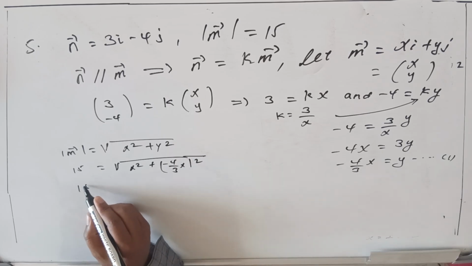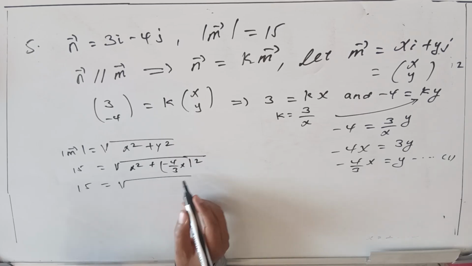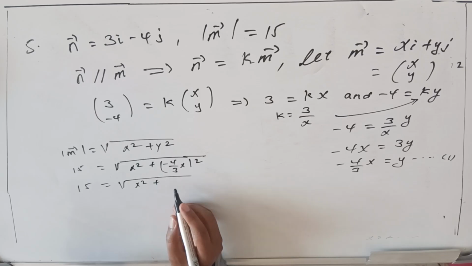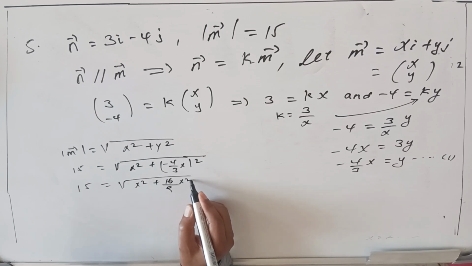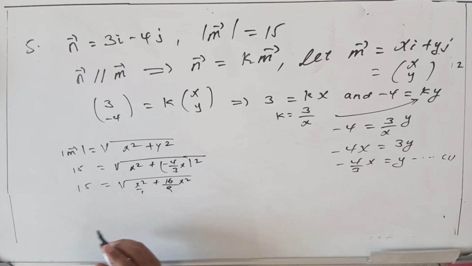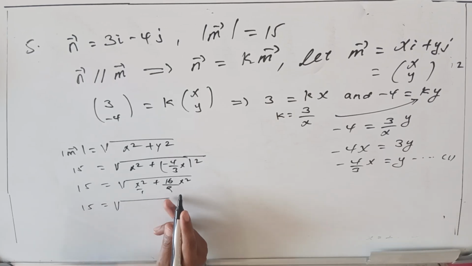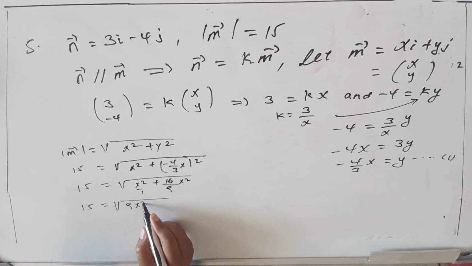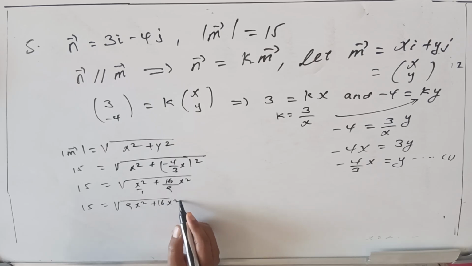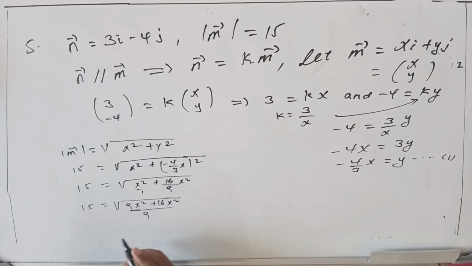That is 15 is equal to square root of x square plus 16 over 9 x square. Putting x square over 1, 15 is equal to square root of 9x square plus 16x square over 9. So 15 is equal to square root of 9 plus 16, which is 25x square over 9.